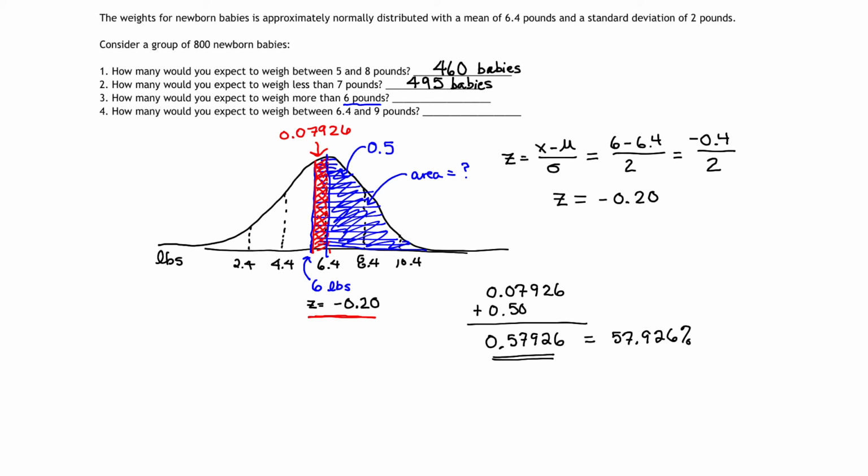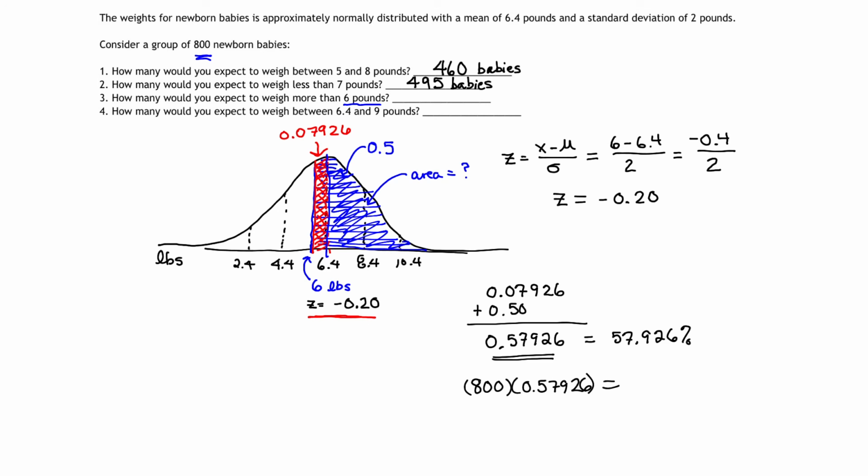Our last step now is to actually calculate that number of newborn babies. So we have to go back and take our 800 and multiply it times 57.926%. So I'm going to take 800 and multiply it times 0.57926.